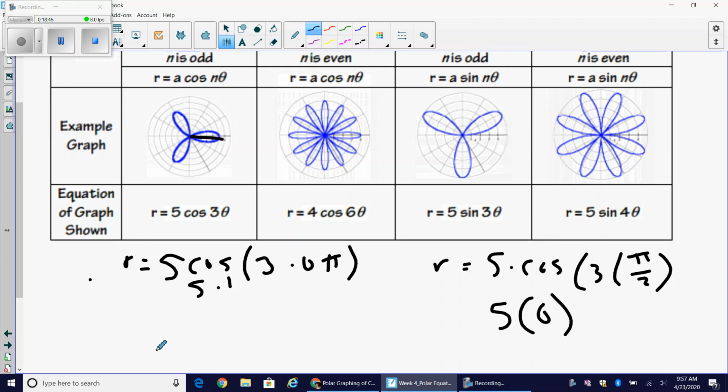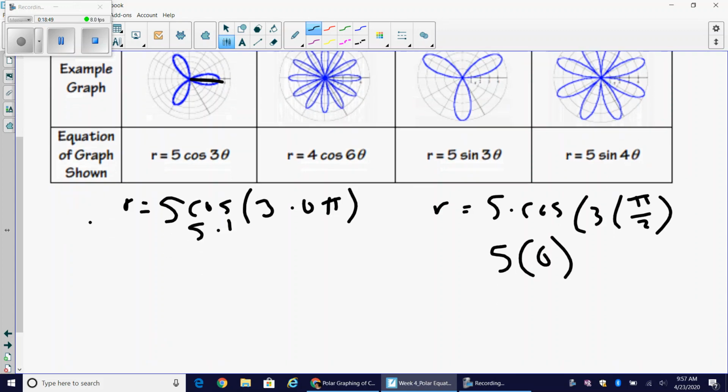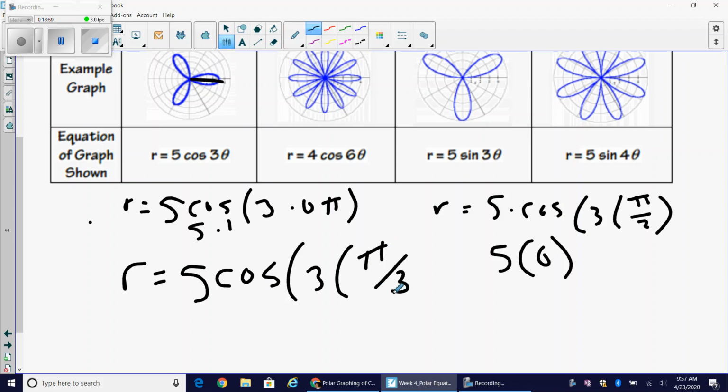Let's think about why I would want to do that. Well, because I have a little bit of number sense. I have r equals 5 times the cosine of 3 times pi over 3. So the reason I'm plugging in pi over 3 is so the multiplier of 3 and the denominator of 3 cancel, and I get 5 times the cosine of pi.